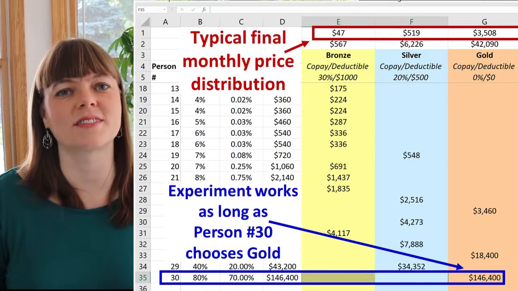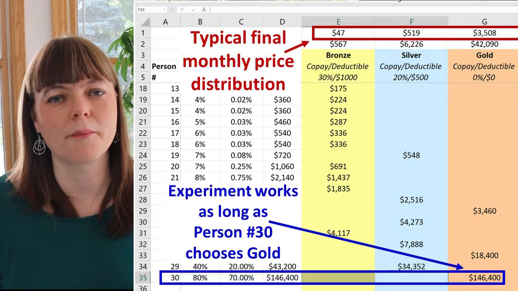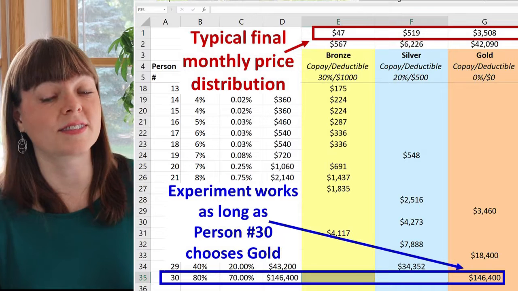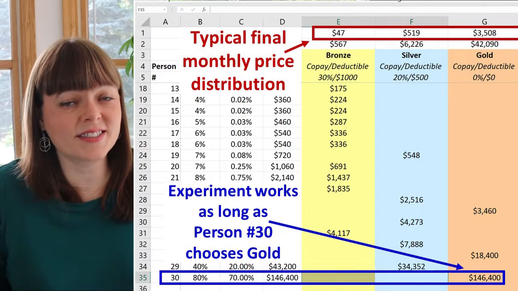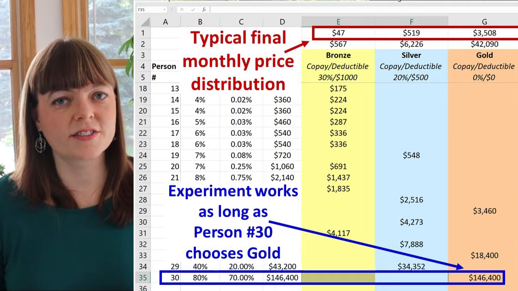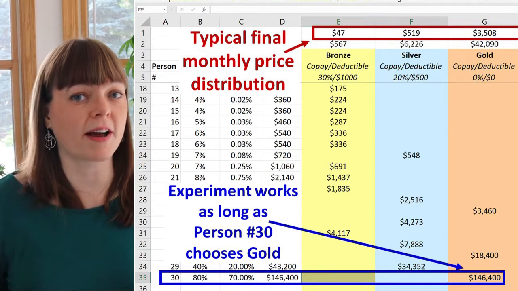What would other people decide, and sort of get at the right situation based on the actual rational thing for the sickest player to do. Because the sickest player has an 80% chance of needing care. So they should want no deductible and no copay, no matter what.